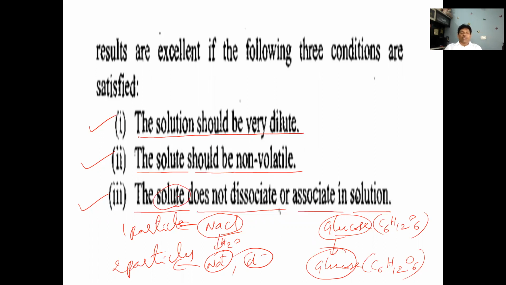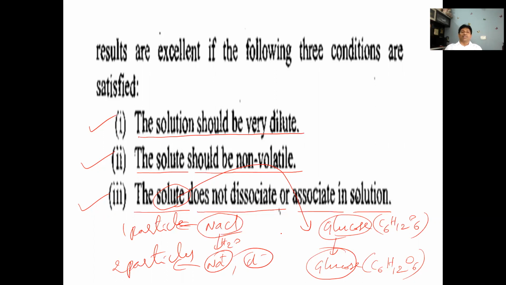So when the solute does not dissociate or associate in the solution, we can easily determine the gram molecular weight of the solute. So one of the important applications of colligative properties is that their study gives the idea to determine the gram molecular weight of solute. The determination is excellent if the three conditions are followed.